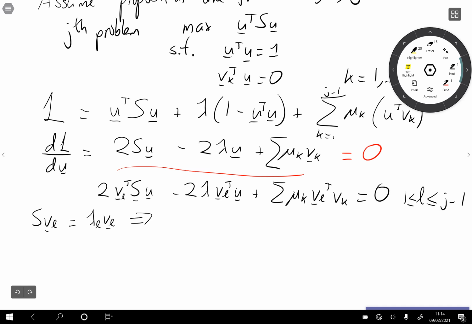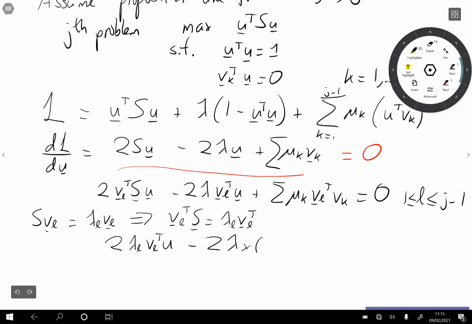So S is symmetric, so we have that v_l transposed S is lambda_l v_l transposed. So this is going to reduce to 2 lambda_l v_l transposed u minus 2 lambda, well, v_l transposed u has got to be 0 by our constraint.